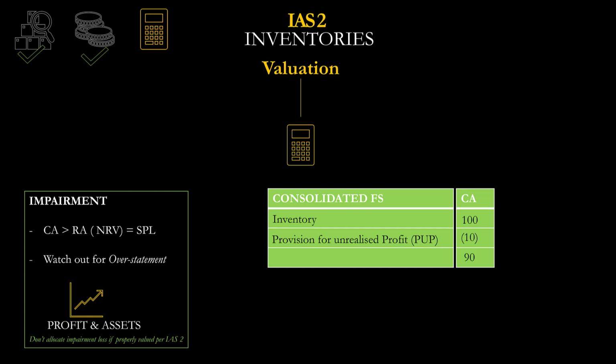The tax base will remain the same at 100 because in the individual financial statements we do not consider provision for unrealized profit. This difference in the accounting treatment regarding PUP will give rise to the deferred tax, because the carrying amount of an asset is lower than the tax base.